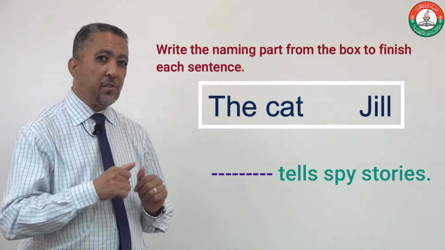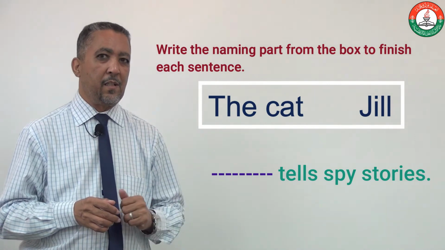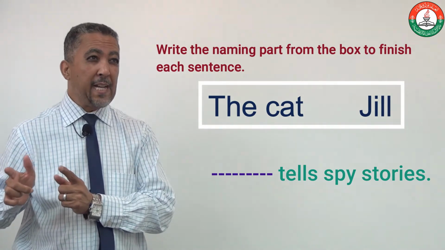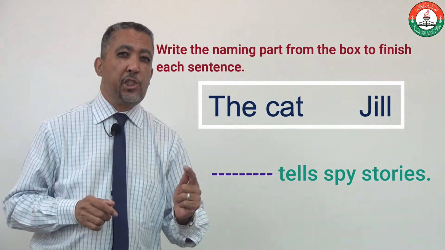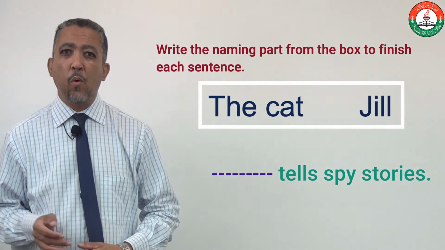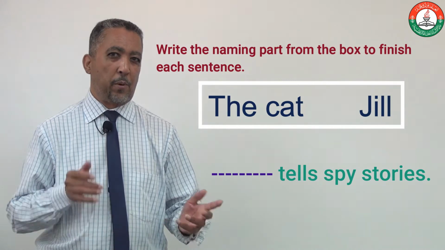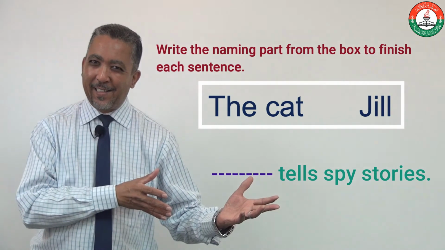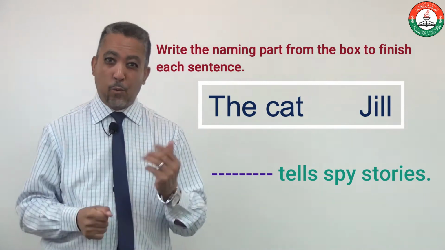Now in my box I have the cat, Jill. Now the cat is an animal. For the cat I will ask the question what? For the other word, Jill, that is a person. It is a girl or a woman. So for Jill, I can ask the question, who? So because I have two answers, an animal and a person, let me ask both questions, who and what.